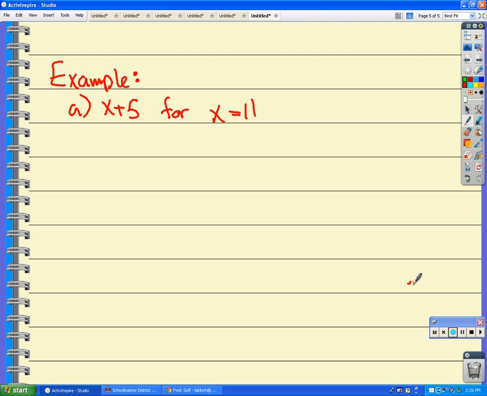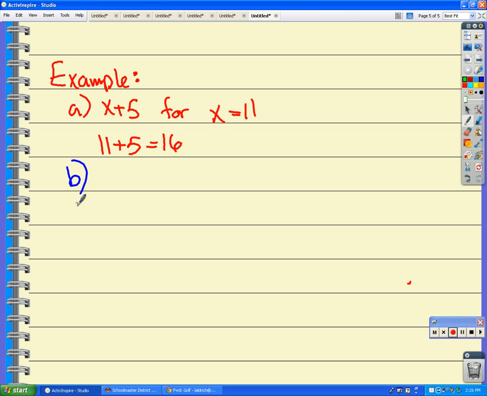Do you have to show your work on this one? No, you can do it in your head, right? I take the 11, change the x to an 11, so now it reads, I'm going to show my work because I'm a teacher, I have to. So I change the x to an 11, so it goes from x plus 5 to 11 plus 5, and the answer is 16. Okay? So no big surprises there.